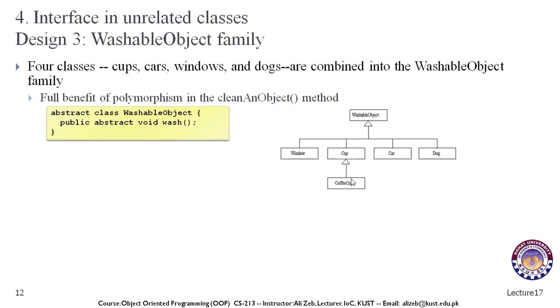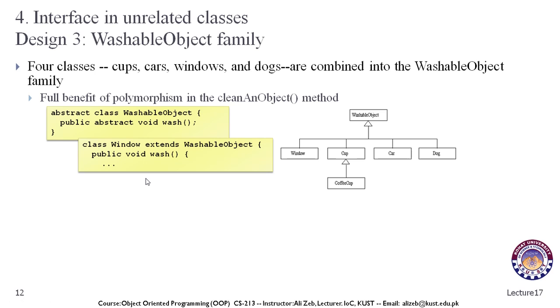Now, the full benefit of polymorphism in the clean object method. What we do is we declare the wash method as abstract, and the washable object class becomes an abstract class, and we are trying to combine windows with the cups, and the cars with the cups, and the dogs with the cups, and all with each other.